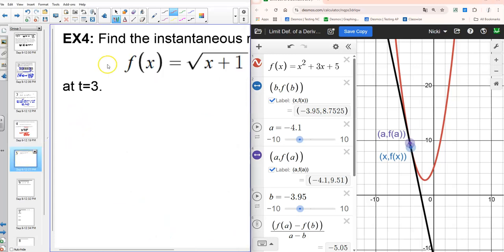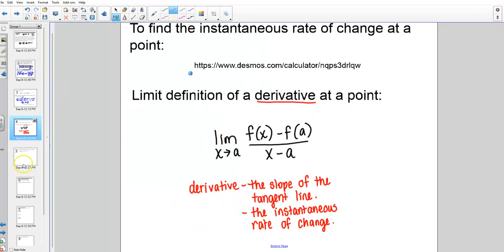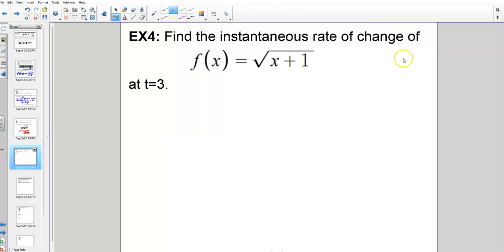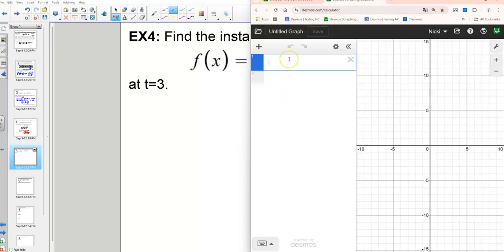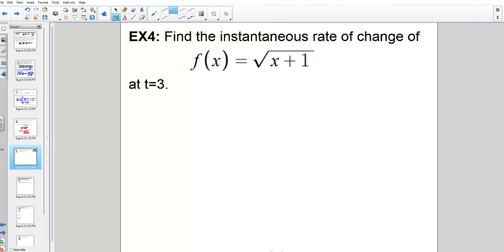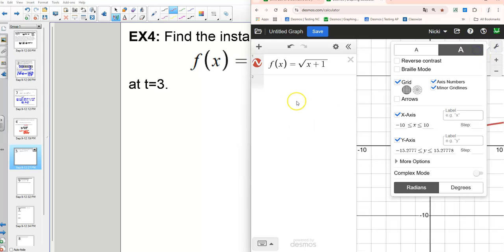So let's use this here. We're going to find the instantaneous rate of change of f of x equals the square root of x plus 1 at x equals 3. Let's graph it because I think seeing the graph is helpful for this. So we've got f of x equals square root of x plus 1 here.